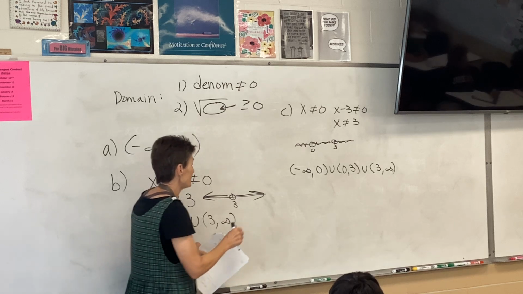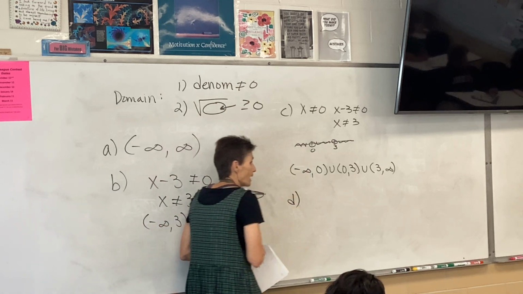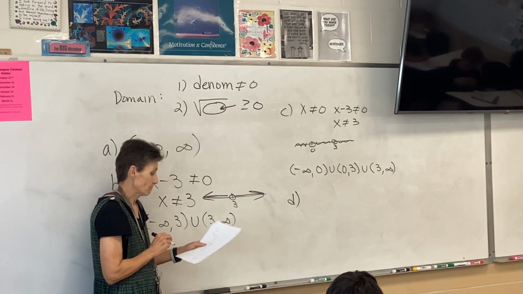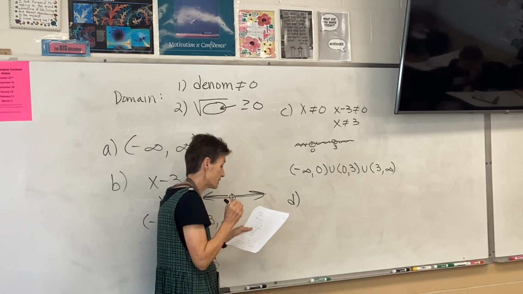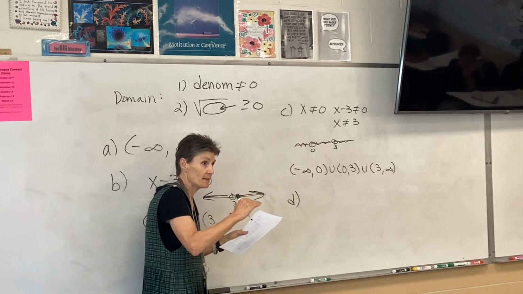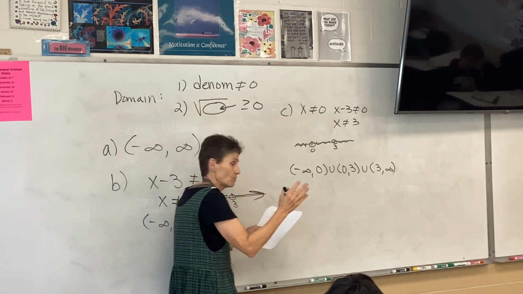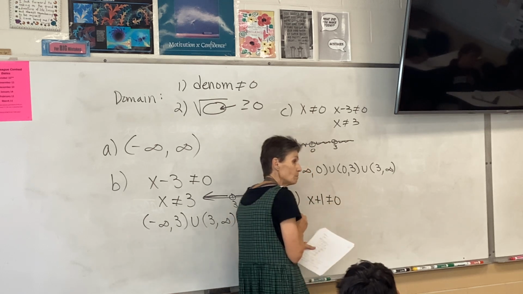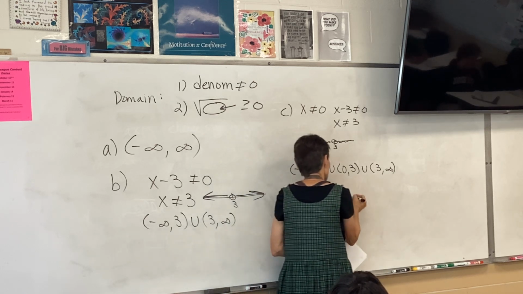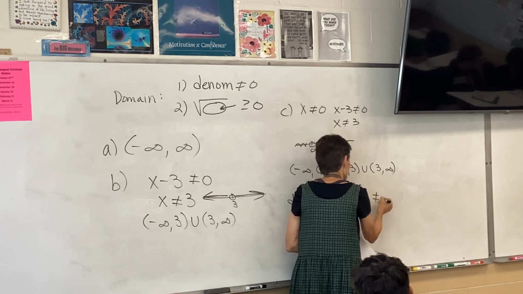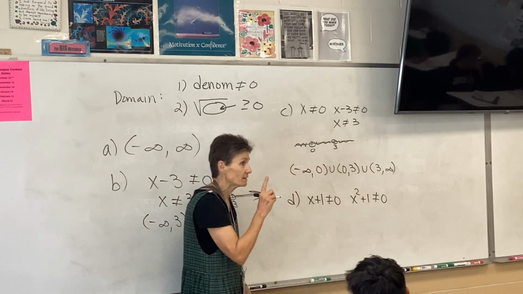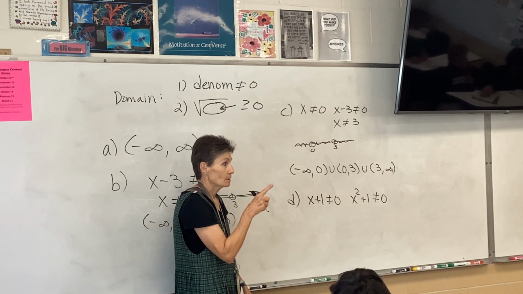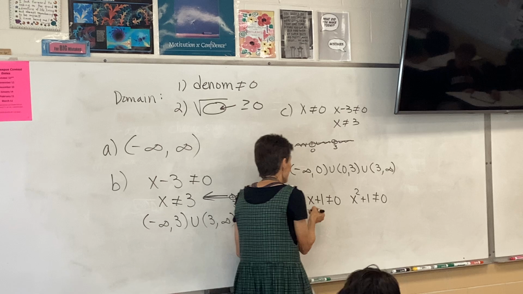Now what about D? Things are starting to get interesting. What about D? We have a radical and a denominator. So the denominator rule says that x plus 1 cannot be 0, and x squared plus 1 cannot be 0. That's what the denominator rule says. All right, let's take care of that first.